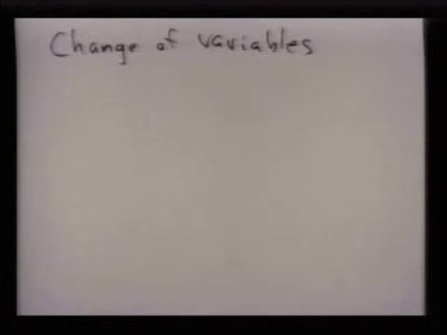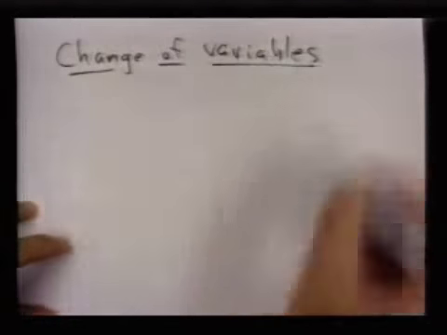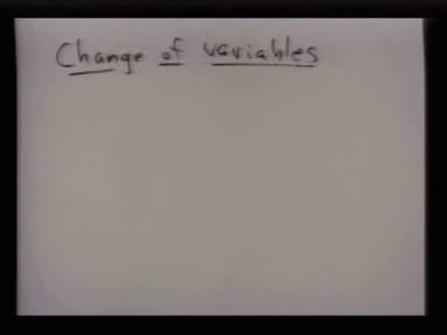Before I talk about integrating anything, it's useful just to get a grasp of what change of variables means. So let me talk about one of the ways you won't be using change of variables, but this is useful to understand the idea.